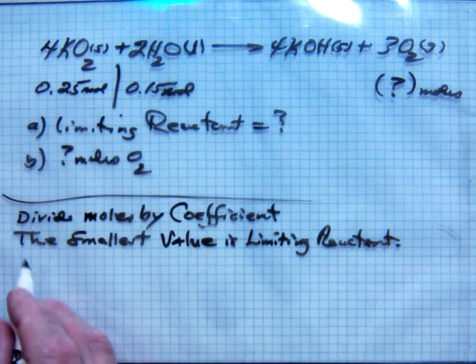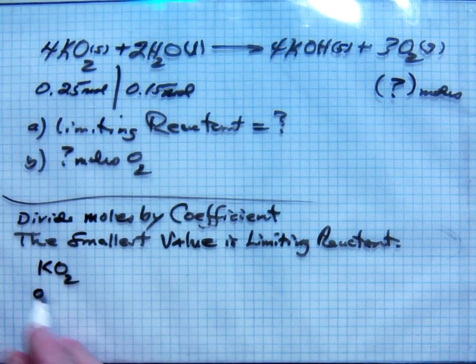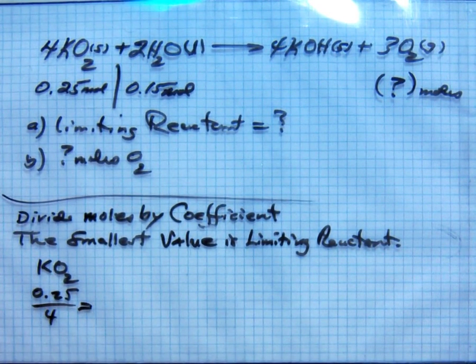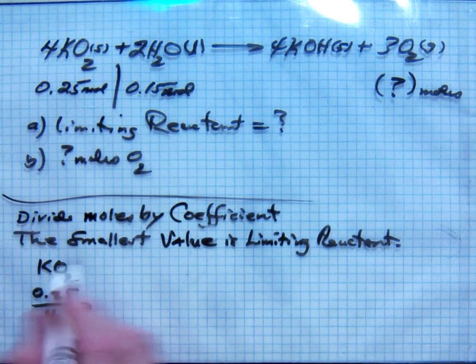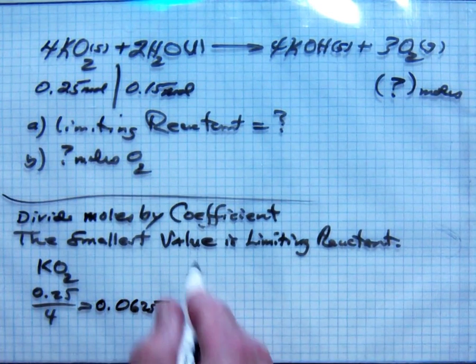So if I'm working with the potassium superoxide, 0.25 over 4 is 0.0625.